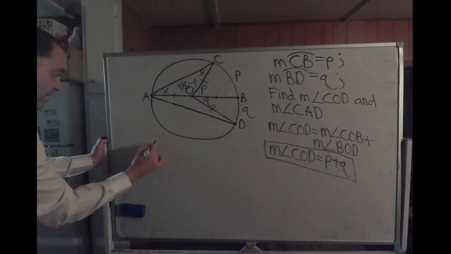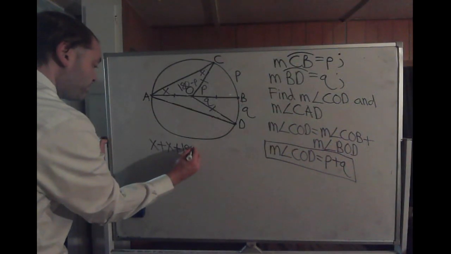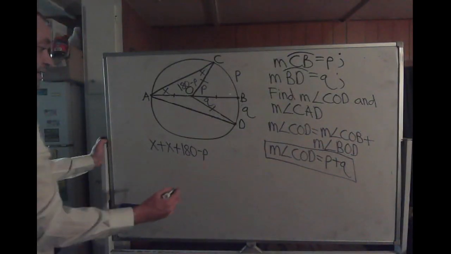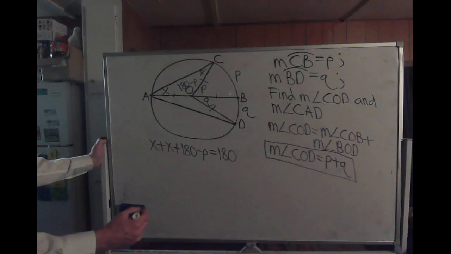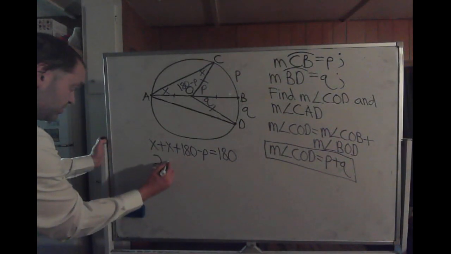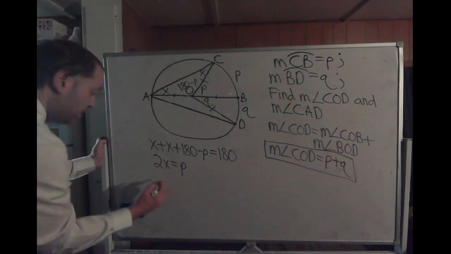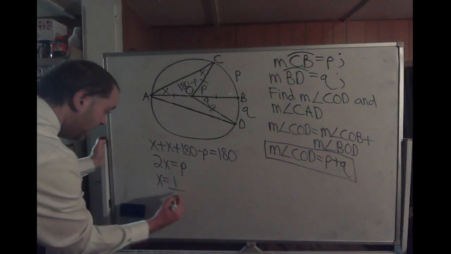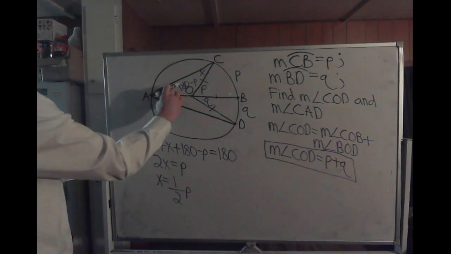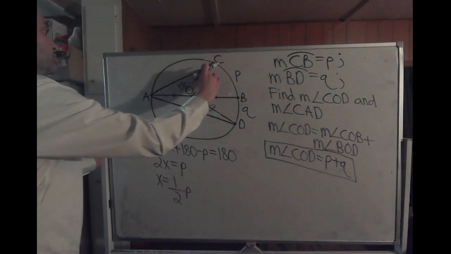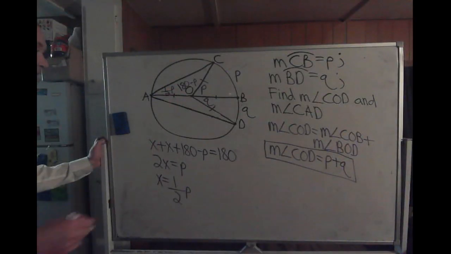So what you're going to do is take your X plus 180 minus P. You'll set all that equal to 180, which is ultimately going to give you 2x equals P, which the missing angle would simply be 1/2 of P. So yes, this can turn fun real quick, since we're doing some algebra problems. So this missing angle here is 1/2 of P.